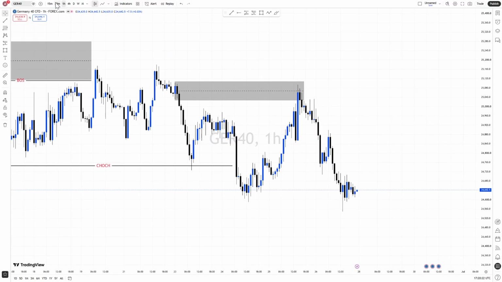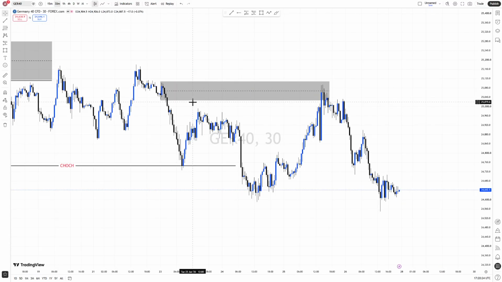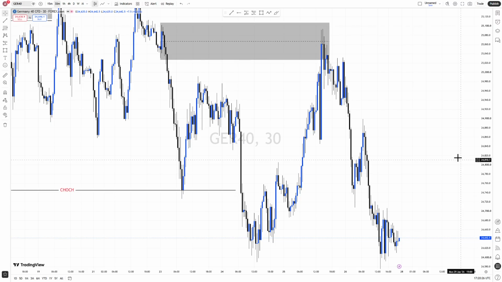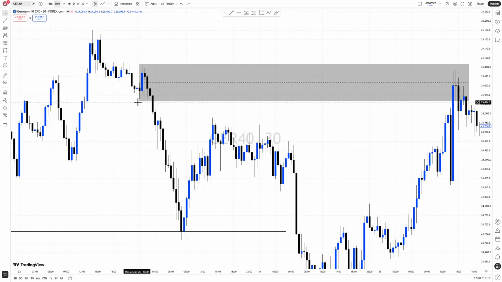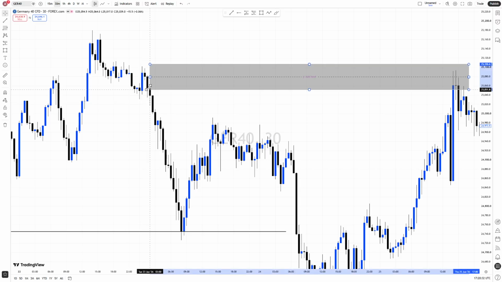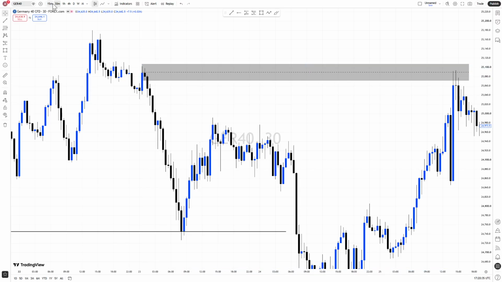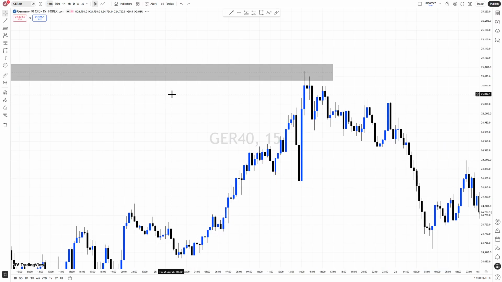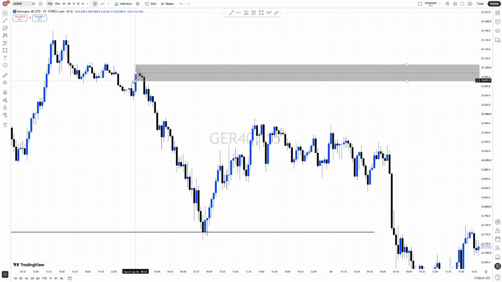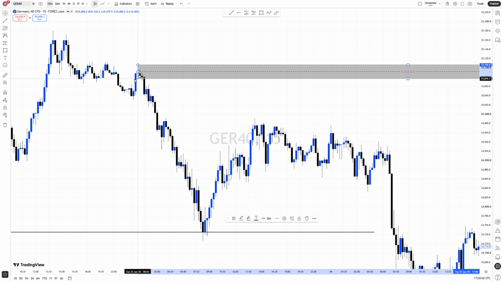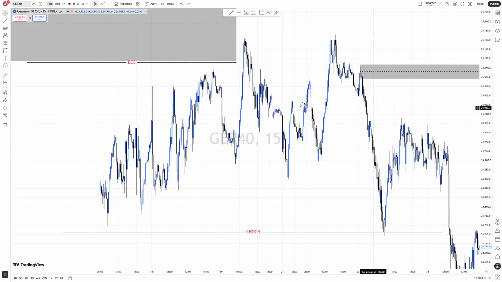And if you wanted to refine it more, you could have gone to the 30 minutes and then refine that supply zone at least to a reasonable supply zone at around that area. Or if you could have gone to the 15 minutes, at least you could have refined that order block, a very suitable order block at around that area. Then you could have at least managed to do what?